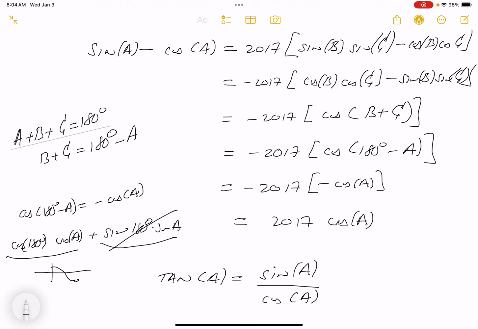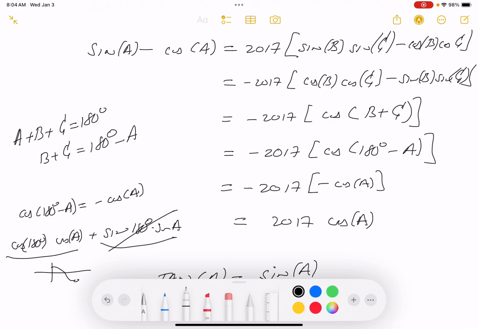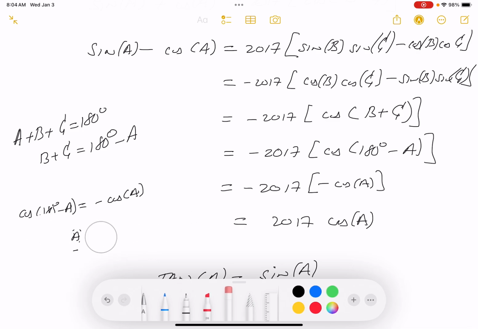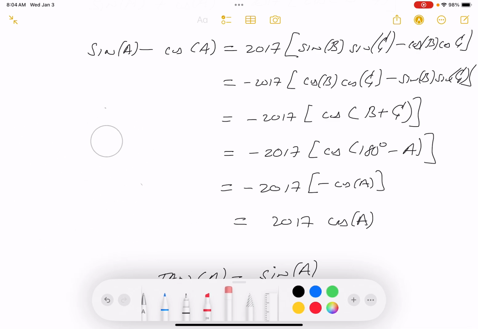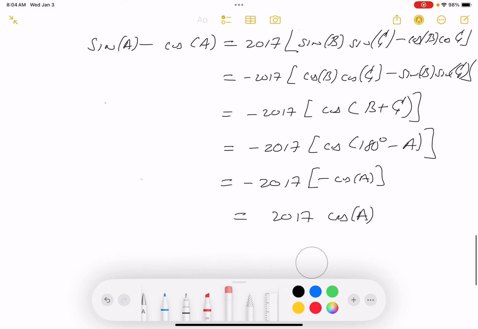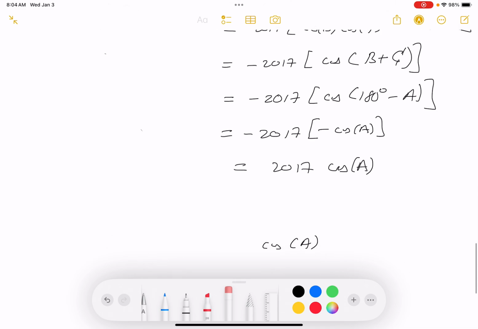Get my eraser out. I'm not ready to write something down yet. Erase this over here.